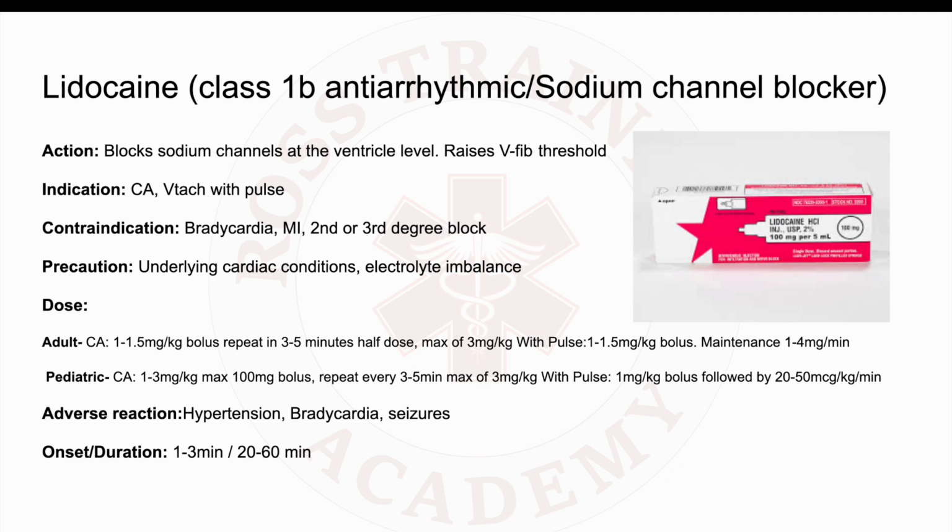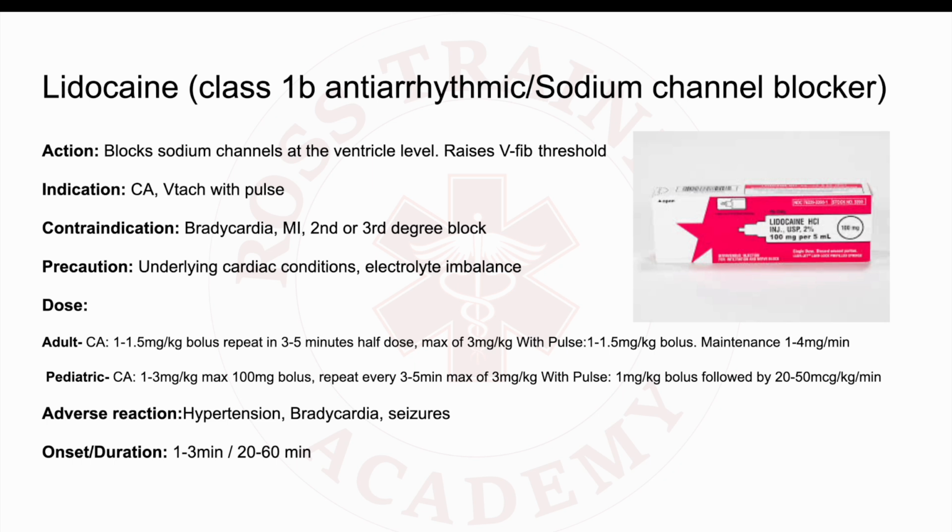The adult dose for cardiac arrest is going to be 1 to 1.5 milligrams per kilogram as a bolus, and then in 3 to 5 minutes, half that dose for a max of 3 milligrams per kilogram. Somebody with a pulse, VTAC with a pulse, 1 to 1.5 milligrams per kilogram bolus, and then a maintenance of 1 to 4 milligrams a minute.